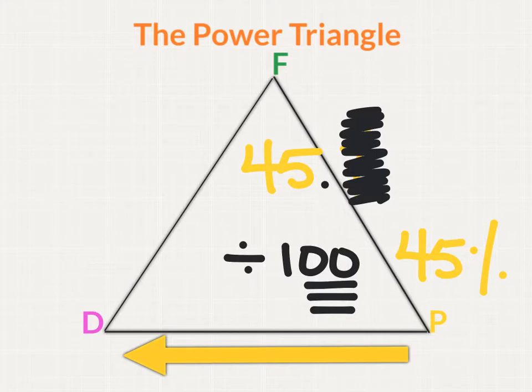So if I'm going to divide 45 by 100, I can use my knowledge of powers of 10 and simply move the decimal left for division one time for each zero in my power of 10.